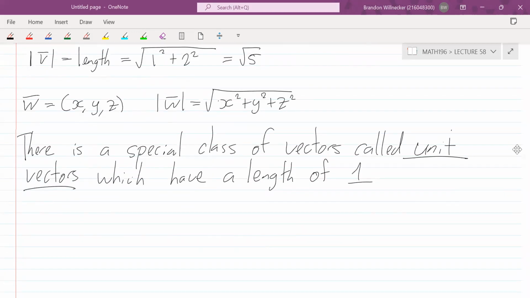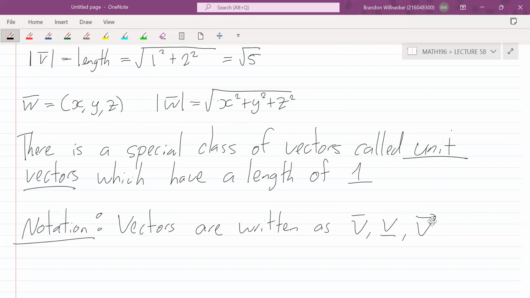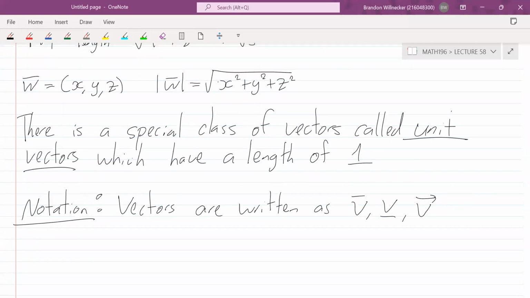Just a little bit of notation. Vectors are written, like we said, as V with the bar at the top, V with the line underneath, V with the little arrow on top. Those are all different ways of writing the vector. There's a special way of writing unit vectors.